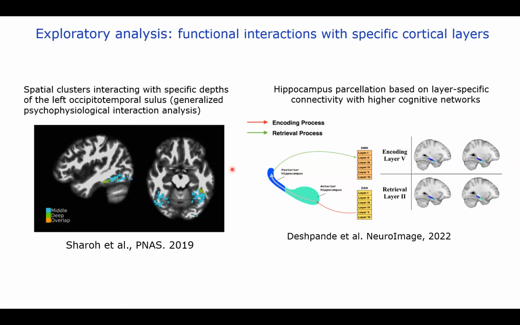But there's an interesting recent study where they tested a hypothesis from animal studies, showing that the anterior and posterior portions of the hippocampus connect to different layers of the higher cognitive areas.